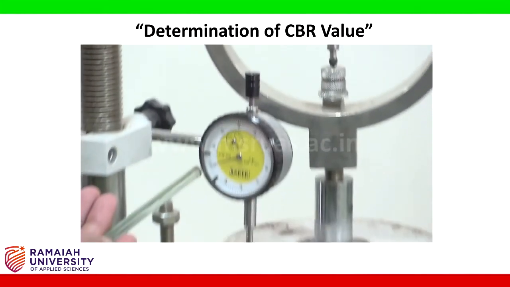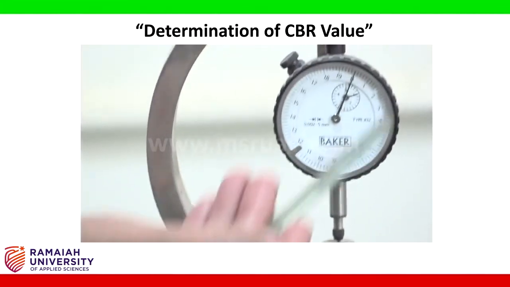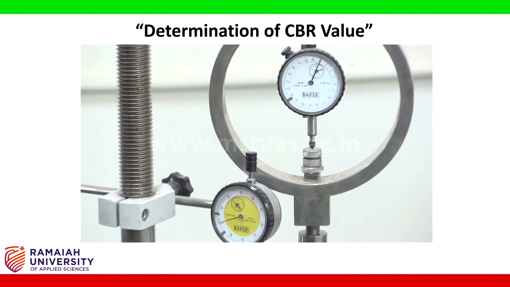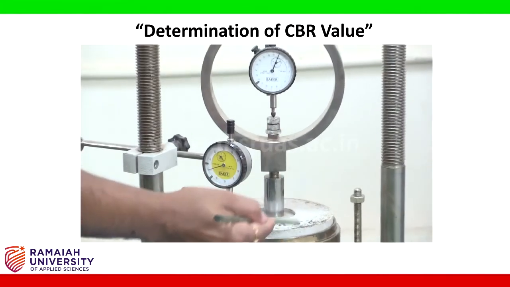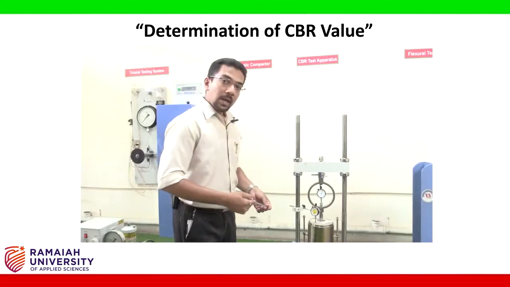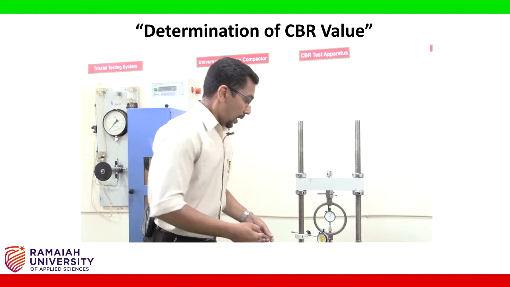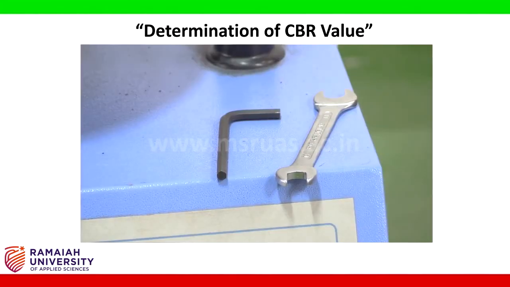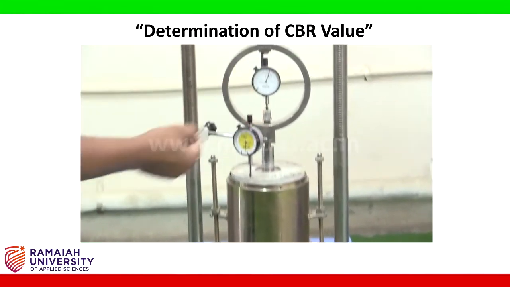Once both are set to 0, it is time to apply a seating load to ensure proper seating of this plunger on the specimen. It is now time for us to start with the testing process. I have placed an Allen key as well as a spanner of size 10/11, which might be required to tighten or place the dial gauges in position.